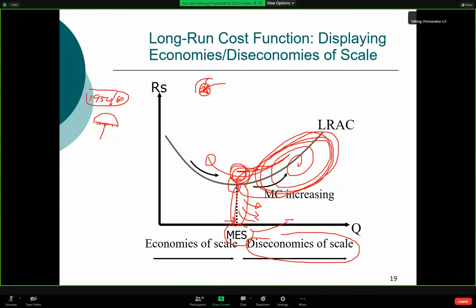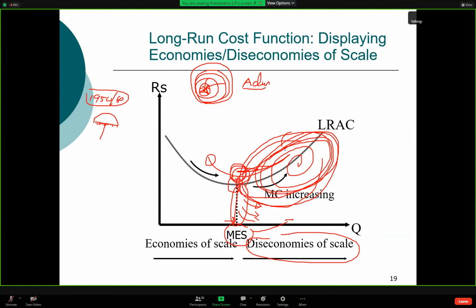So what happens when you become bigger and bigger in that way? When they try to do this, administrative costs increase, unnecessary administrative costs, because of the coordination problem, and they come to the diseconomies of scale range.